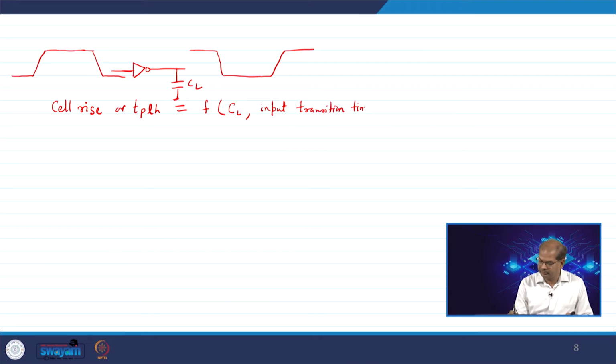In case of an inverter, your cell rise is a function of CL, output load, which is common for both, and the input fall transition time.